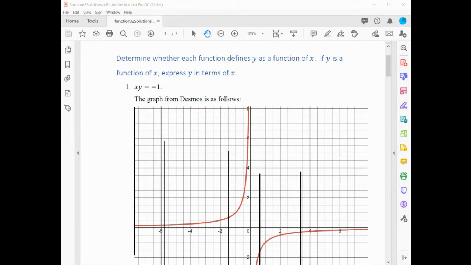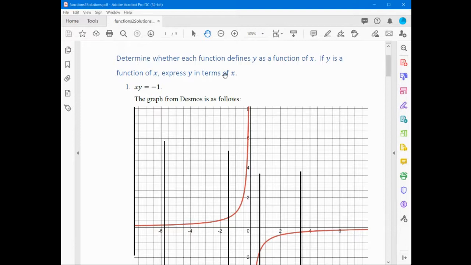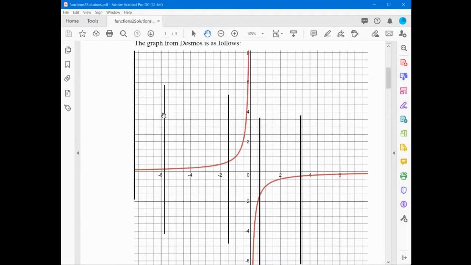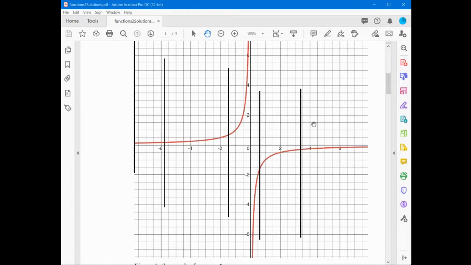The way I told you to do it is to sketch the graph of the function, like in Desmos, and see if it passes the vertical line test. This is the graph of x times y equals -1. These vertical line segments I put in as extra.